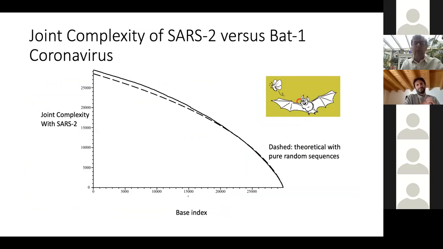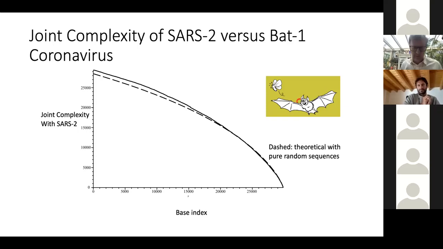So one thing, for example: we said that the COVID is coming from the bat coronavirus, and I made the pattern matching, the joint complexity of, for a particular reason, I make it from the right to the left.